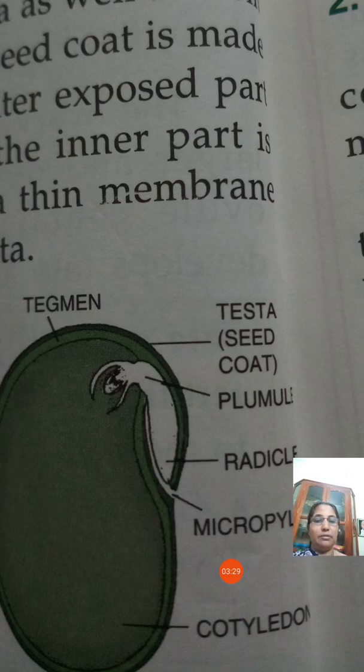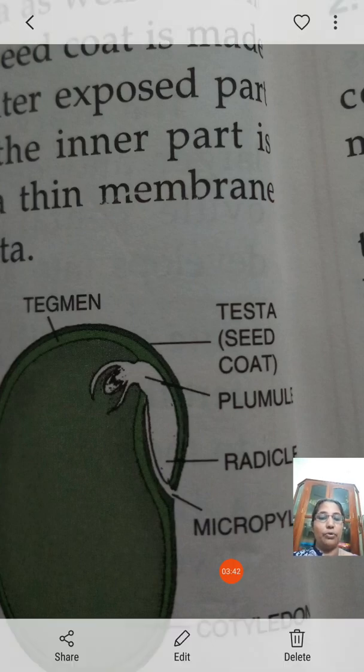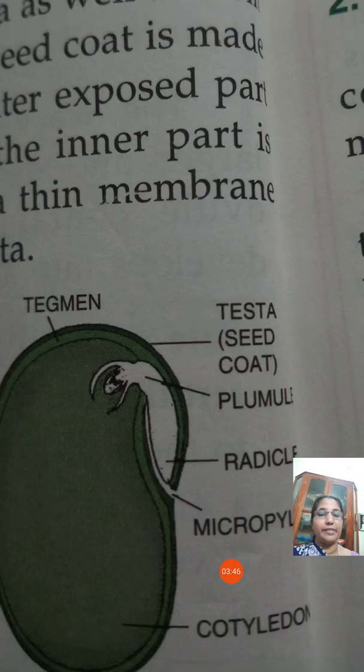Then the food that is stored inside the cotyledon begins to soak and dissolve so that it can get to the embryo. So many chemical reactions will take place when water enters into the seed.